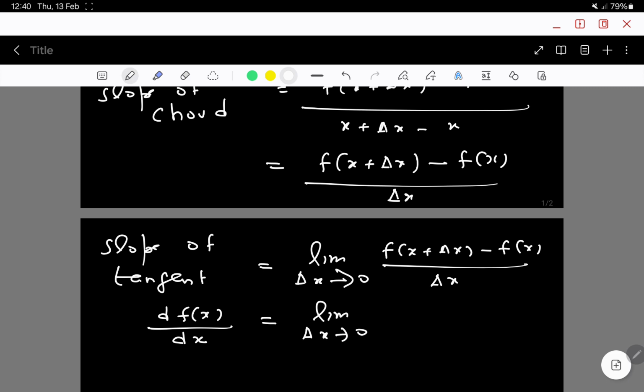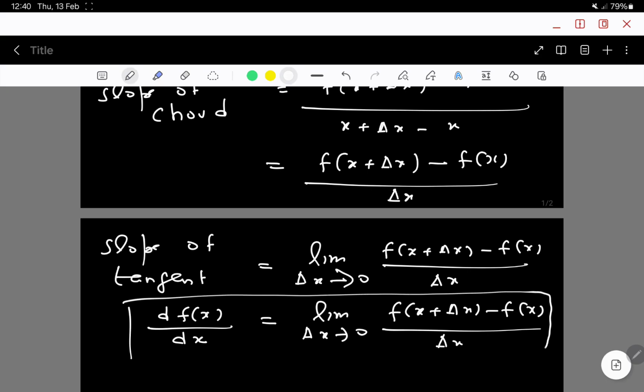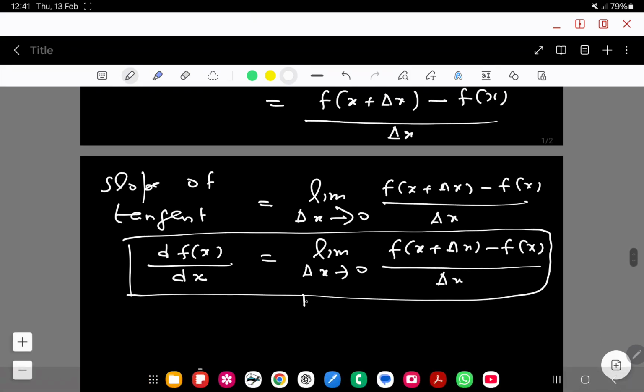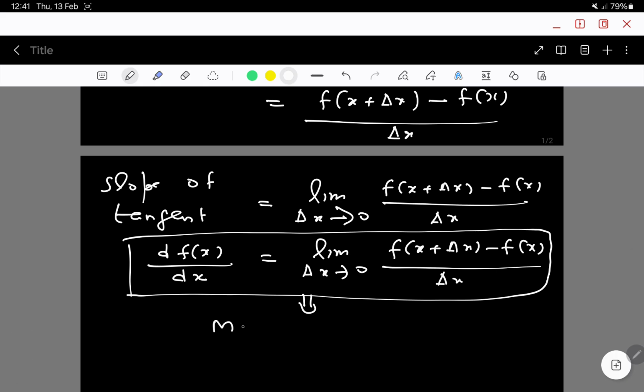This is the mathematical meaning of derivatives.